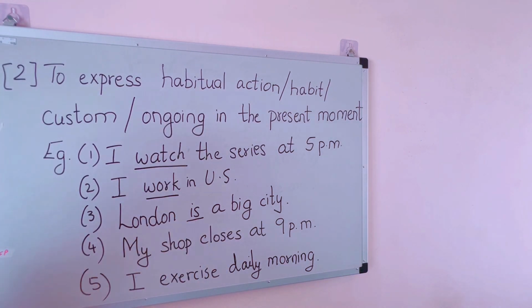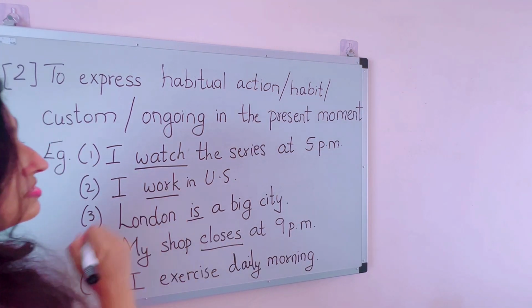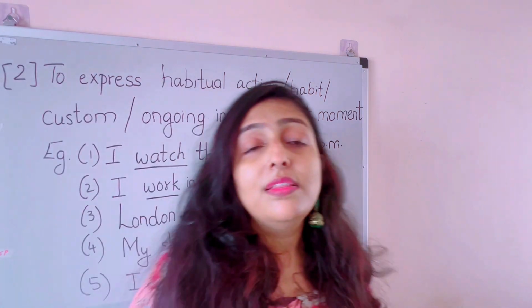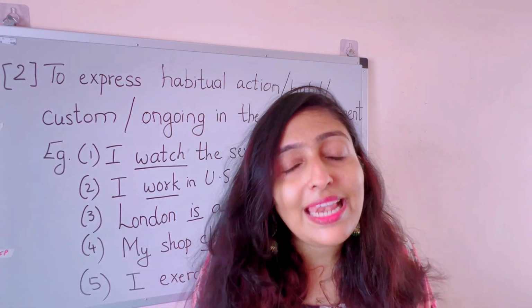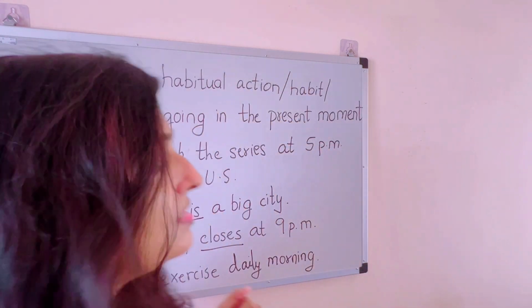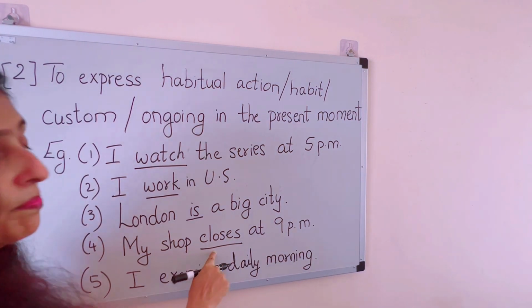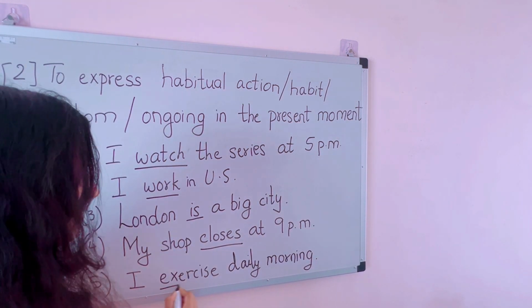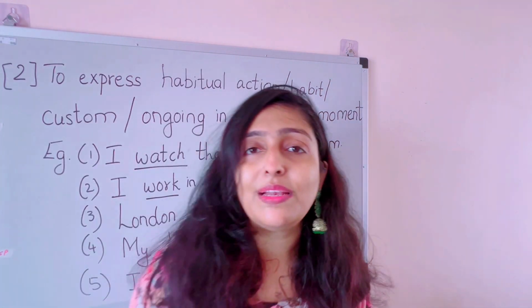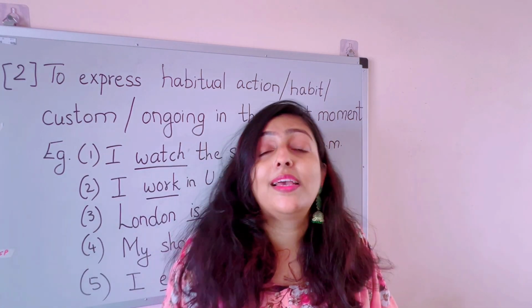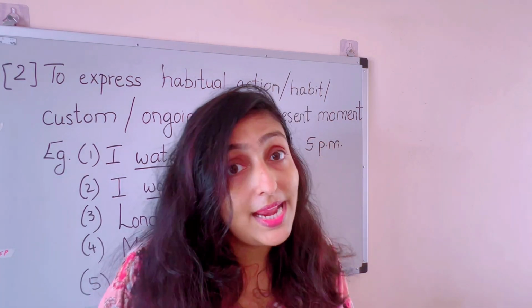That's again simple present tense. Fourth, my shop closes at 9 p.m. So this thing is happening daily on a consistent basis, so you use simple present tense. I exercise daily morning. I perform my exercise at 5 a.m. daily morning.